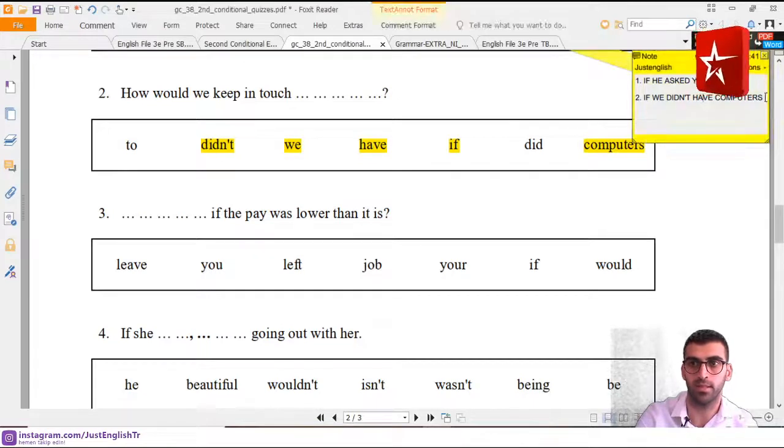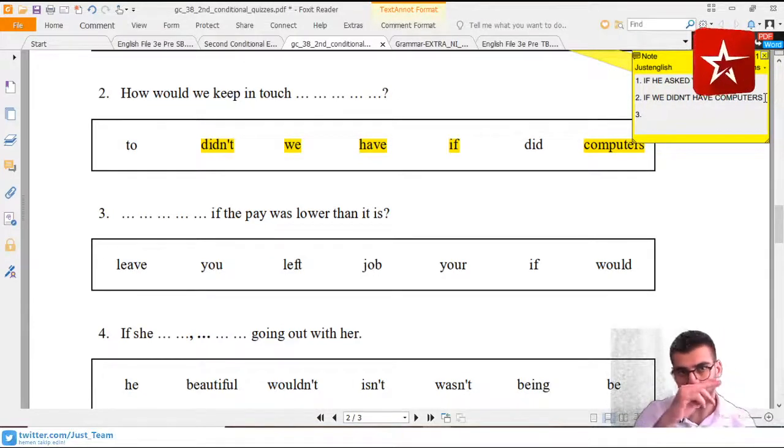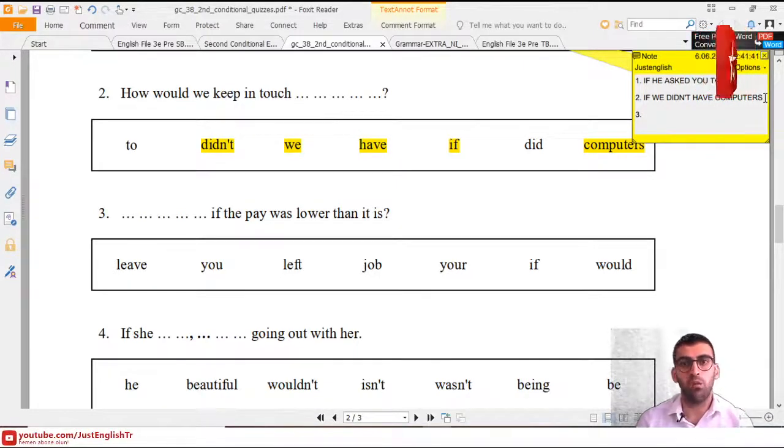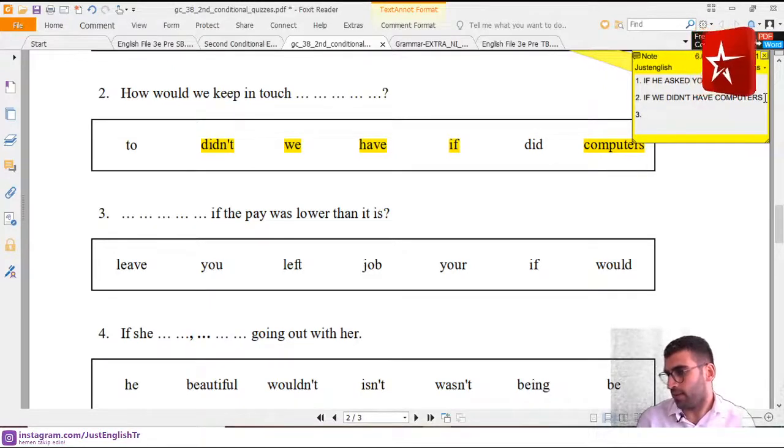Yes, that is the correct answer for number 2. And number 3, if the pay was lower than it is. Yes, if we didn't have computers, Cansel, Sıla, Tuko, Gülsafa, and yes, your answers are good.